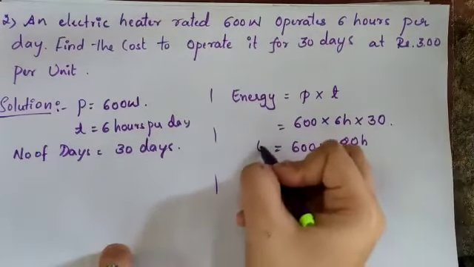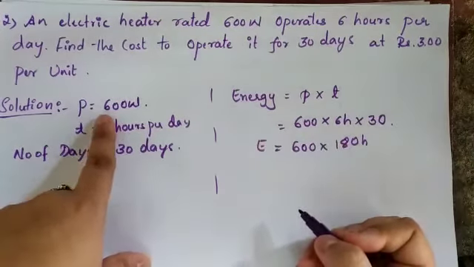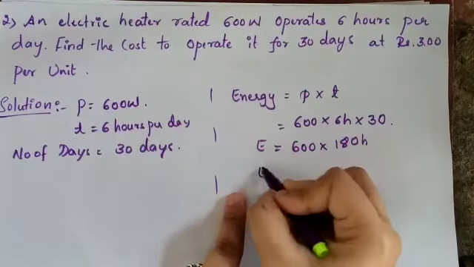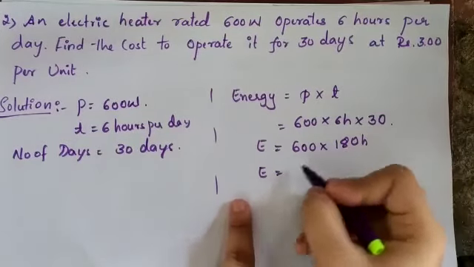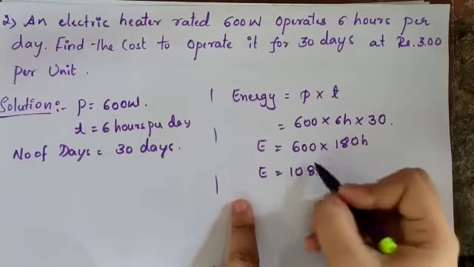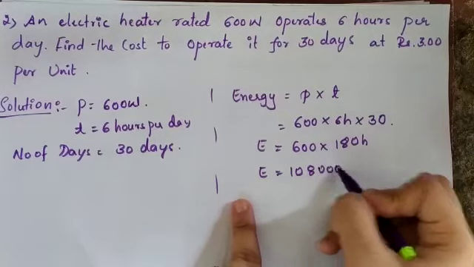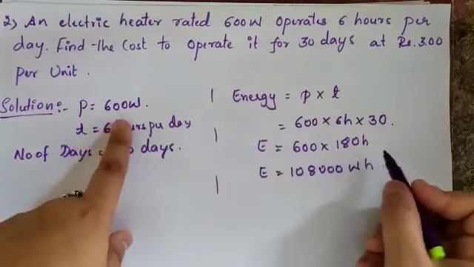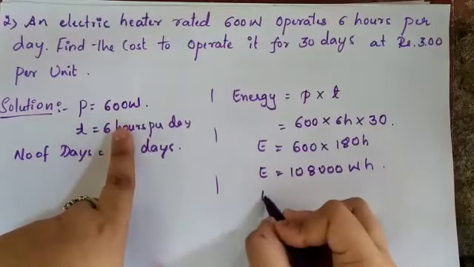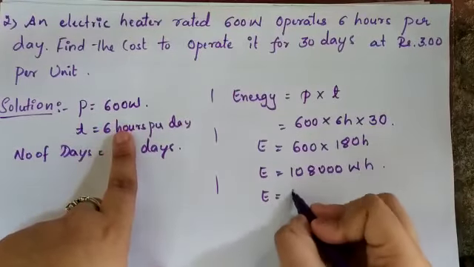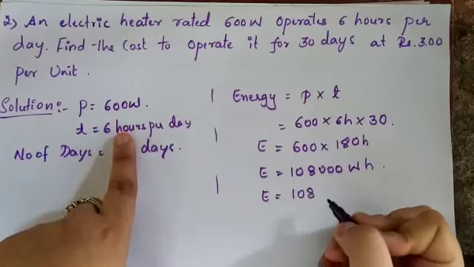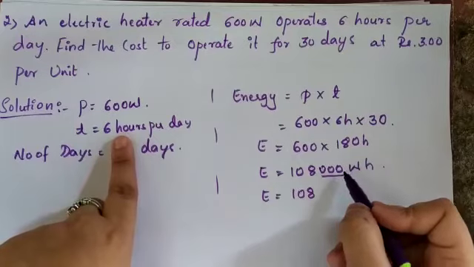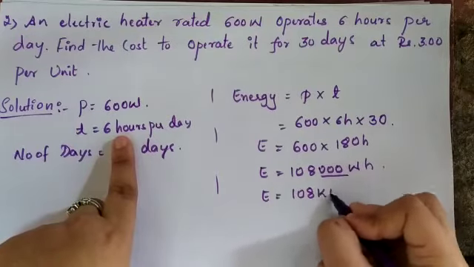Remember here, children, the power is given in watt. We want the energy in kilowatt. So if I multiply it, I'll get 108000 watt hour, because 600 is in watt and this is in hour. So you have to do it in kilowatt hour. 108, 3 zeros are there. 1 kilo is nothing but 1000, so I can write it as kilowatt hour.